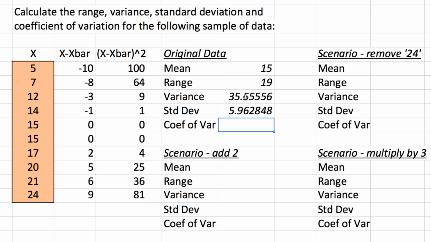Now, a question you might be asking is, why did we divide by 9 when we were trying to take an average of this column? There's 10 observations. Why did we divide by 9? That's a bit of an advanced concept for this level of stats at the moment. So you might need to just take it on trust that when you deal with a sample, you actually have to divide by 9 due to this factor of degrees of freedom.